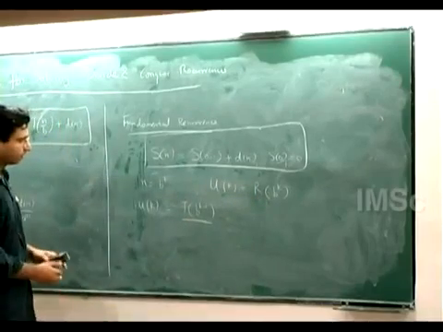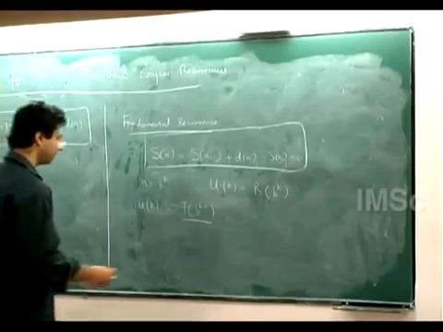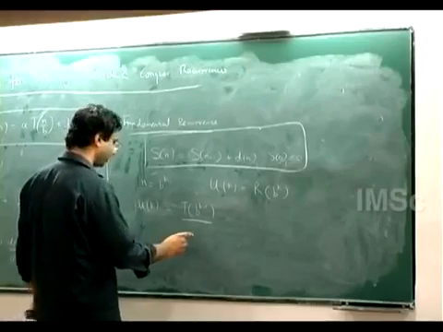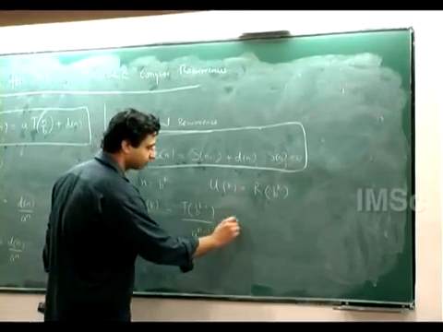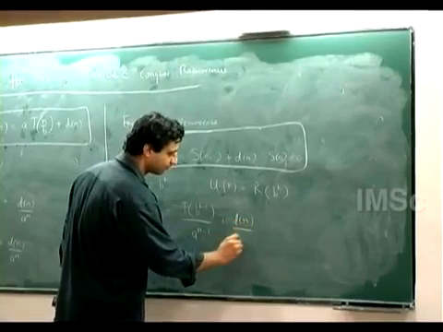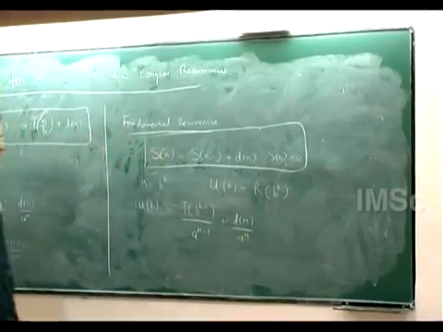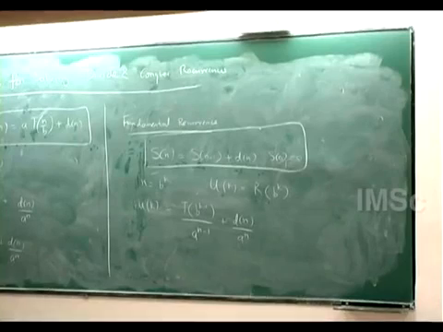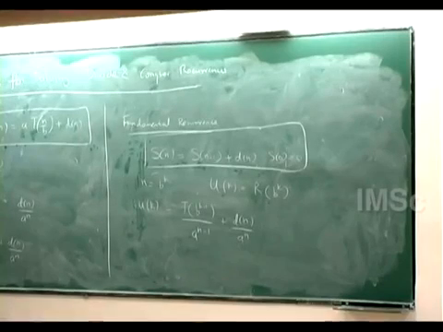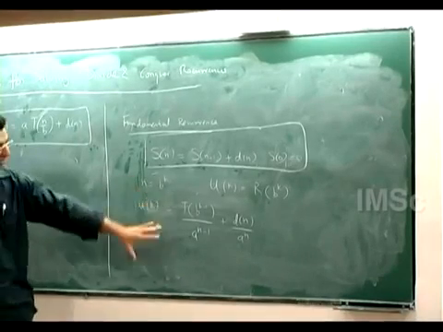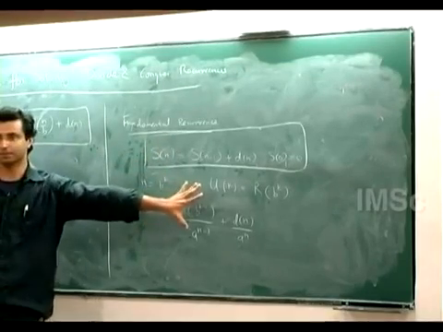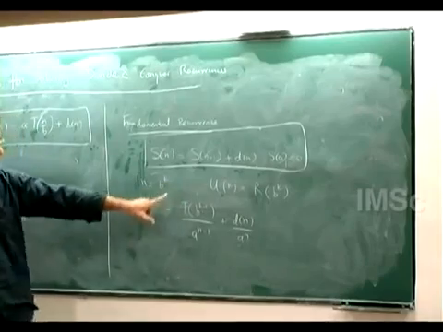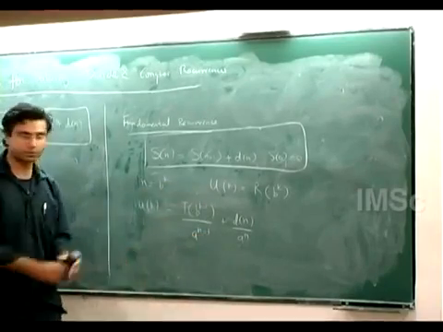So this was the range transformation, and now I'm doing the domain transformation. If I do that, what do I get? U of k is T of b raised to k minus 1 upon A raised to n minus 1. I wanted this to be in the fundamental recurrence form, but it's not, because this is not U of k minus 1.